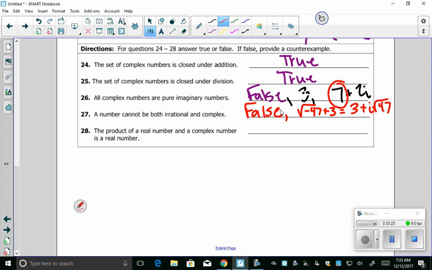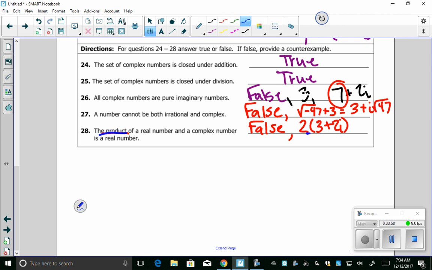28. The product of a real number and a complex number is a real number. This is also false. Here's why. I'm going to do 2 times 3 plus 2i. Okay? So the product meaning multiply.